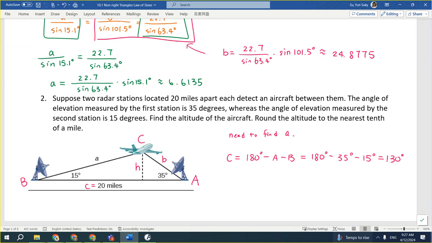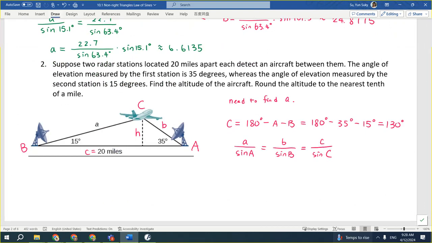Now we use the law of sines. So we have a over sine A equals, what's next? Yes, equals. Good. So after you do a lot of problems, you kind of remember the law of sines formula.